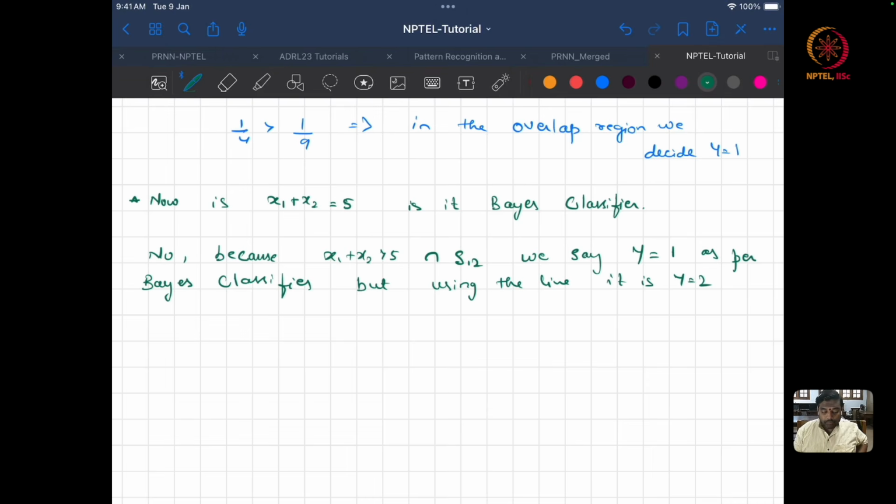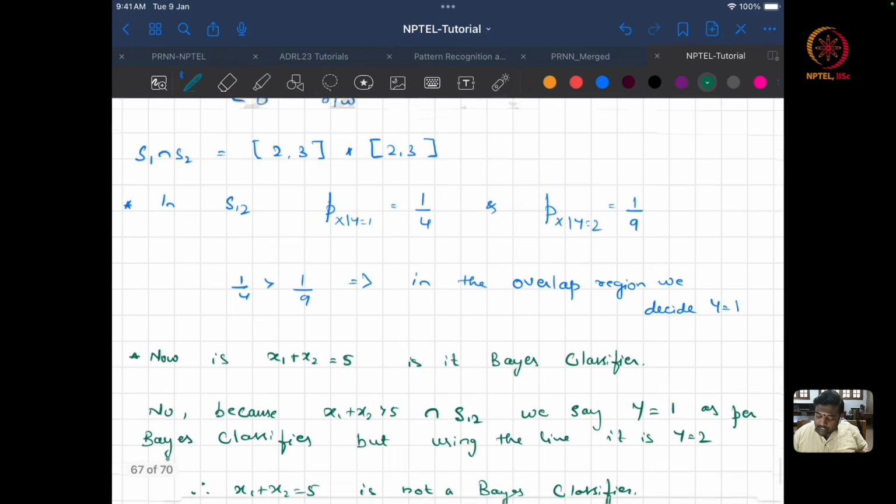Therefore, x1 plus x2 is equal to 5 is not a Bayes classifier.